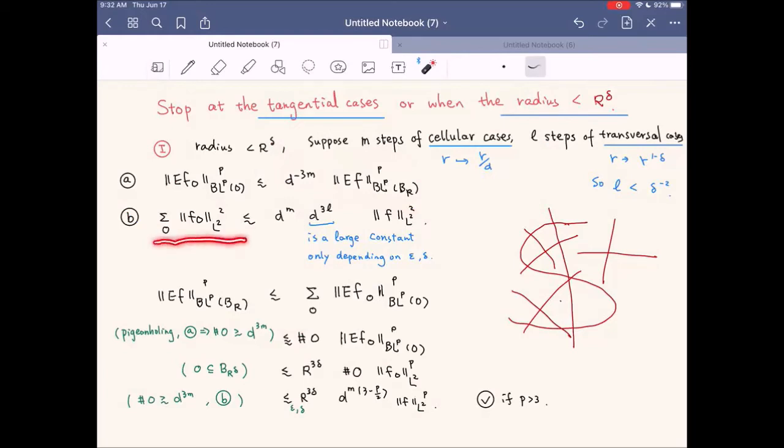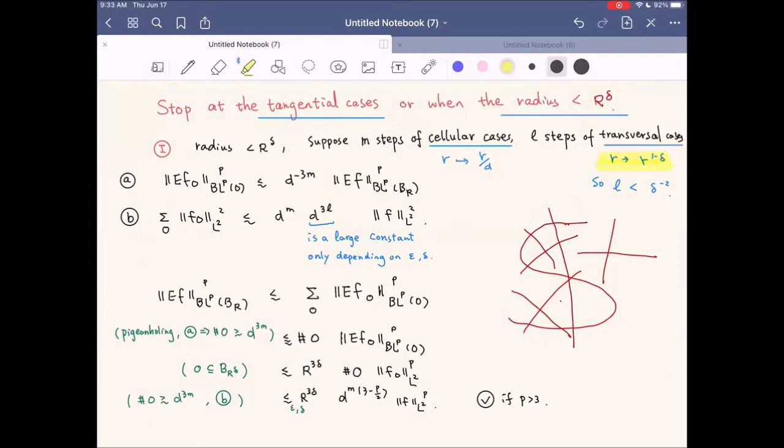Then we also know how the wave packets overlap. So we have this L2 bound. This follows from D to the m because we have m steps of cellular cases, and at each step we lose a power of D, and D to the 3l is because we have l steps of transversal cases. So here, recall that when we are in the transversal case, the radius will go from R to R to the 1 minus delta.